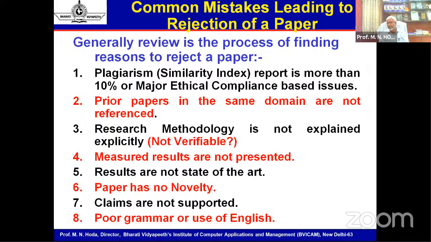The second important category is that prior papers in the same domain are not referenced. Why do authors do that? We have analyzed this based on our analytics, and our analytics say that authors are aware of these published prior research papers of the same domain, maybe authored by themselves or by other peer researchers, but they are not interested in citing those papers.